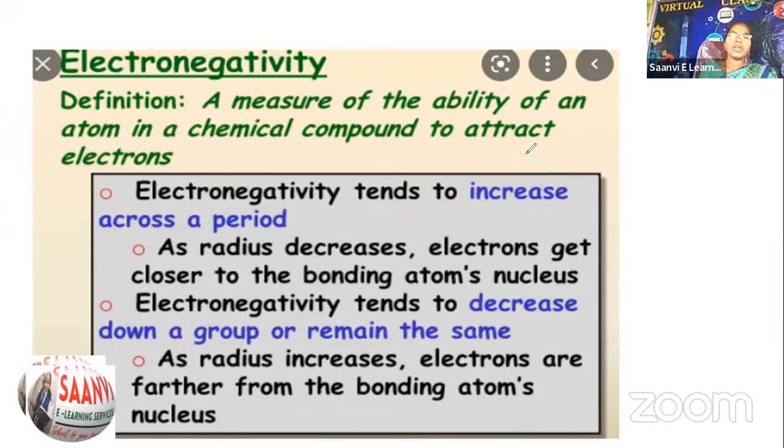In the groups it decreases, because the shells are the same. It is decreasing in the groups, as the bonding atoms are farther from the nucleus. So it increases in the period from left to right and decreases in the groups from top to bottom.